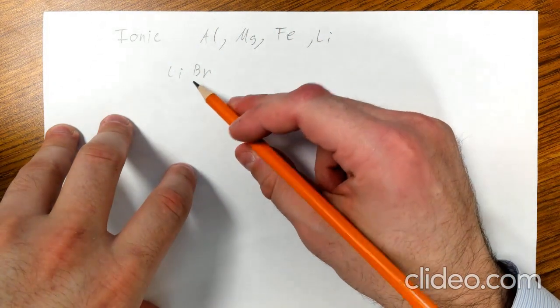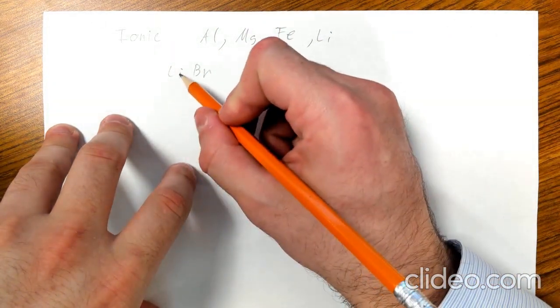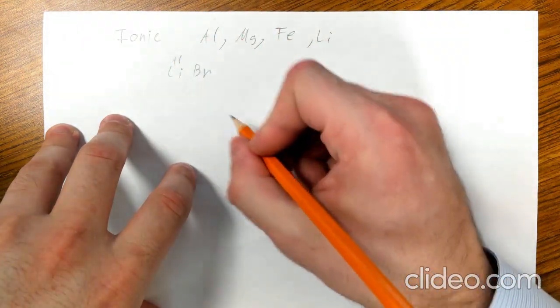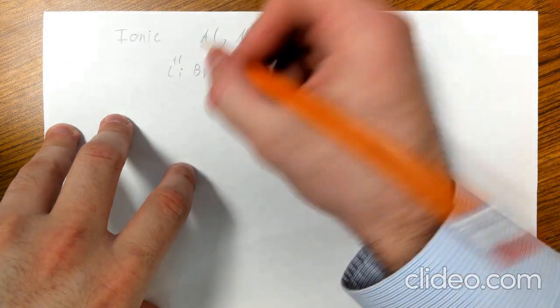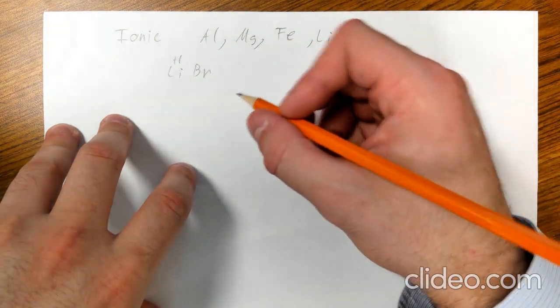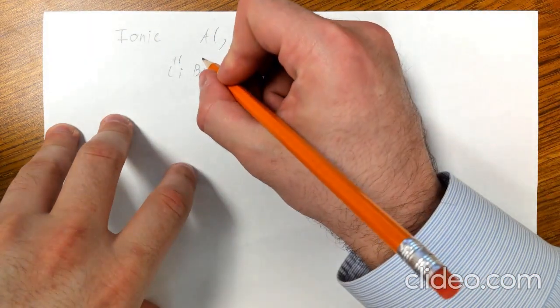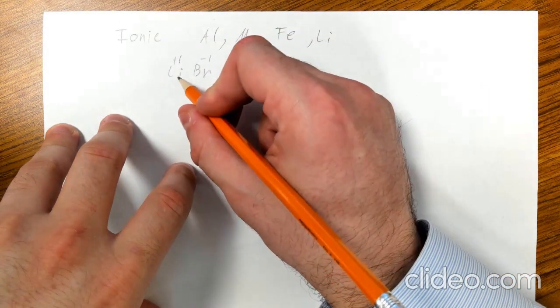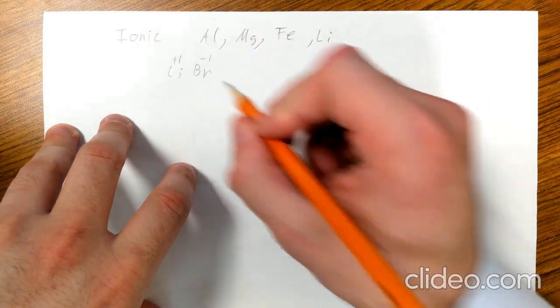Lithium, if we look at a periodic table, has a positive 1 charge. Bromide is just bromine, we're just changing the ending from "ine" to "ide", and that has a charge of -1. So when I write the formula, it's just going to be Li and Br.